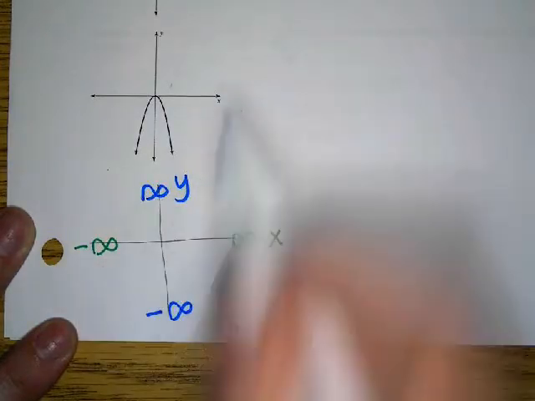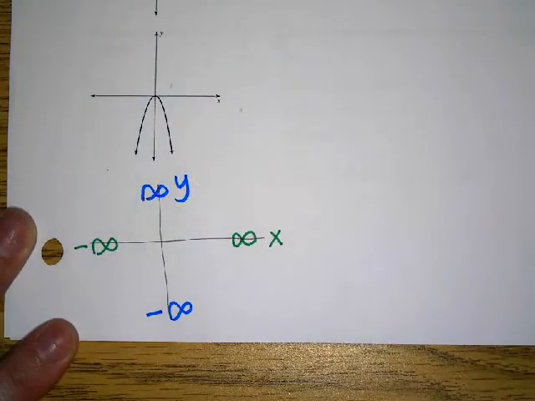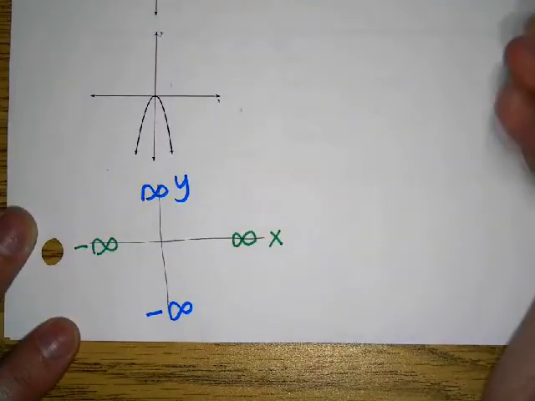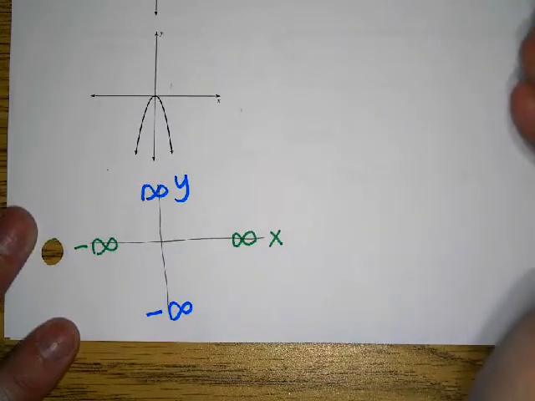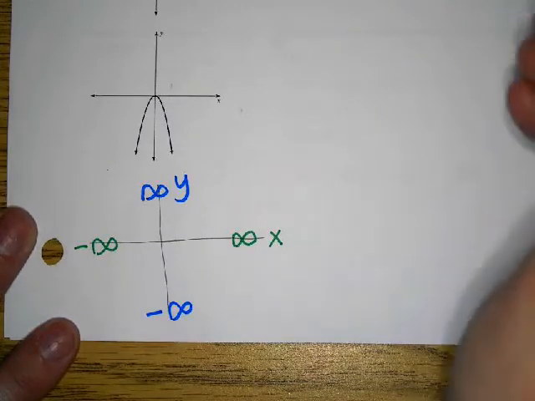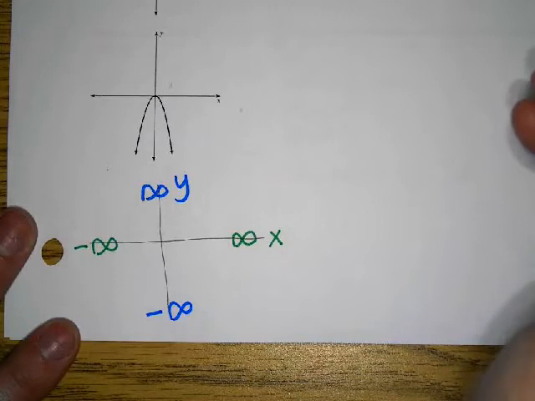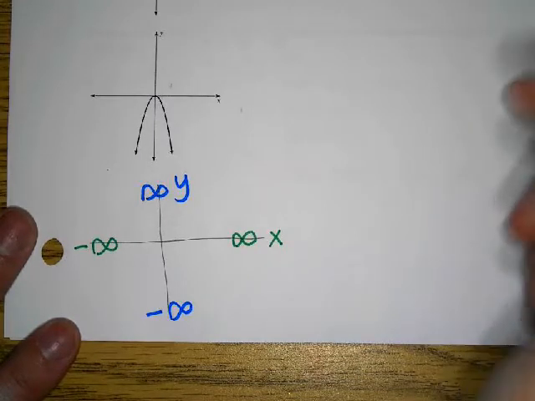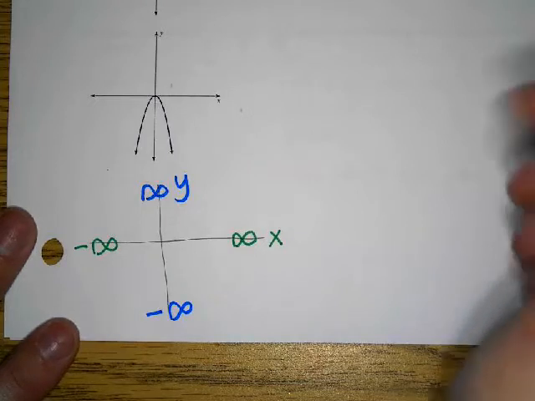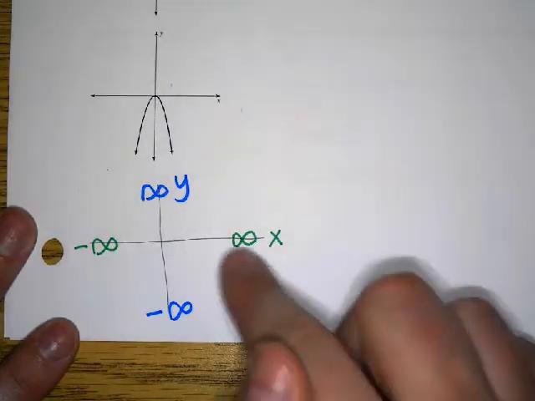So when we look at our graphs, our curves don't usually go straight up or straight down or straight right or straight left. They're usually slanted, which means that the arrow can point down and to the left or down and to the right or up and to the left or up and to the right, which means that we can use two different infinities to describe every single arrow.